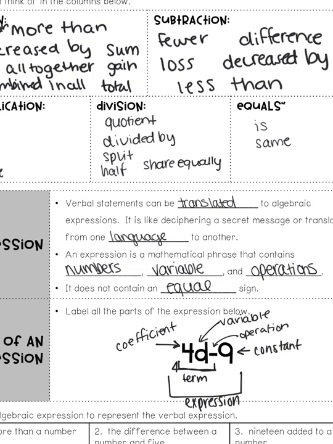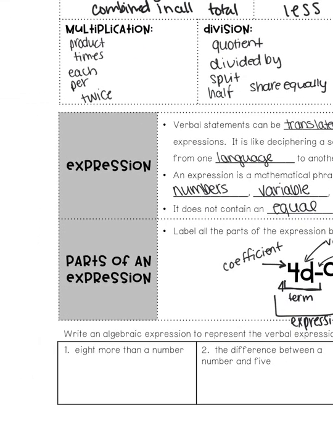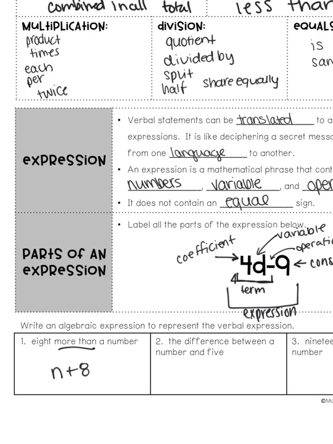So we're going to practice first just writing an expression for the verbal expression. We're going to write the algebraic. So 8 more than a number. And again, your variable could be anything. Since it's a number, I'm just going to put n. So 8 more than tells me it's addition. So it would be n plus 8. The difference between a number and 5.